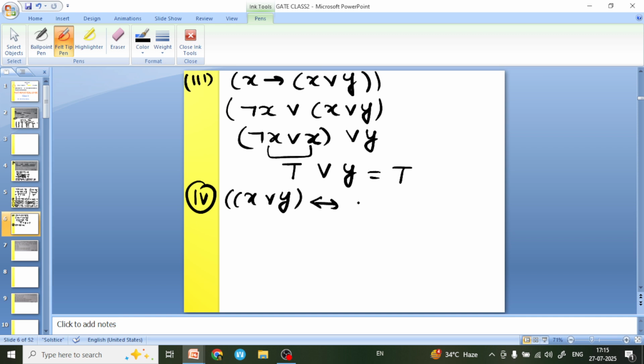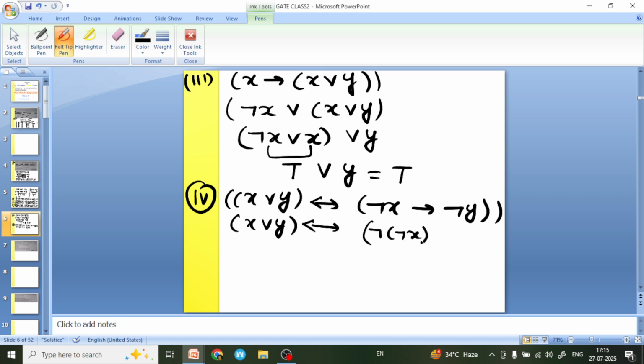And in the fourth statement, x or y bidirectional not x, not y. Now you can see here in bidirectional x or y, bidirectional not x or not y, x or y bidirectional x or not y.